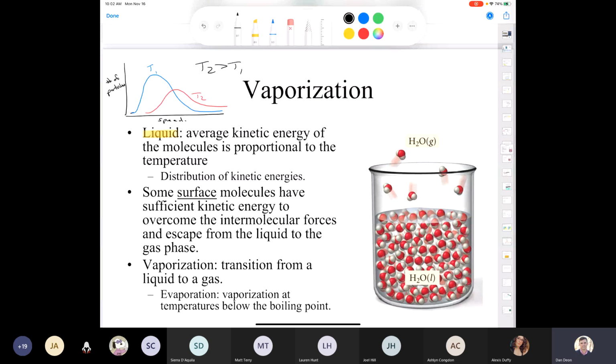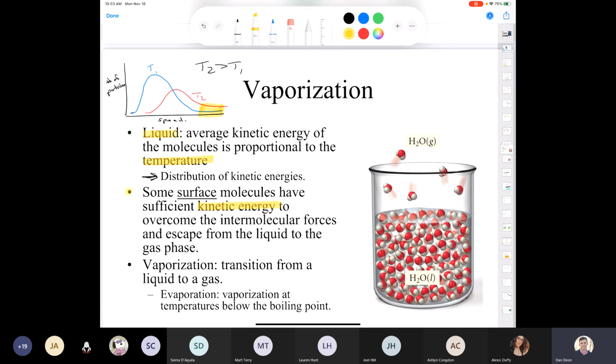But what's the idea here? This is the distribution of kinetic energies. As the temperature increases, we have a greater chunk of molecules with greater kinetic energy. So some surface molecules have sufficient kinetic energy to overcome the intermolecular forces and escape the liquid to the gas phase. That kinetic energy is proportional to the temperature.